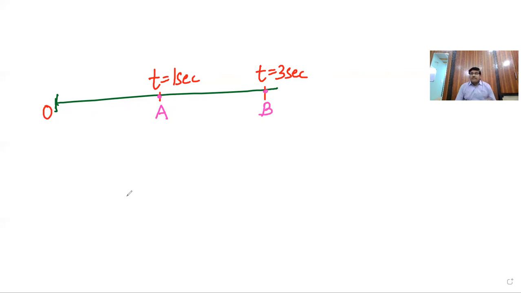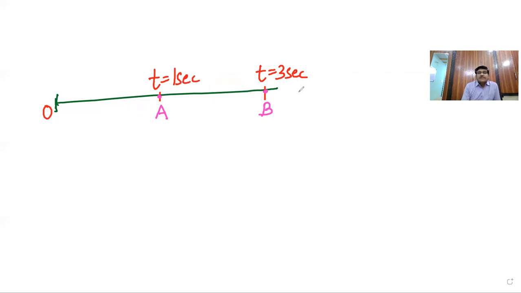Now, whenever average velocity is required, this is associated with the long path of journey. So it is required in between A and B, in between 1 second and 3 seconds.